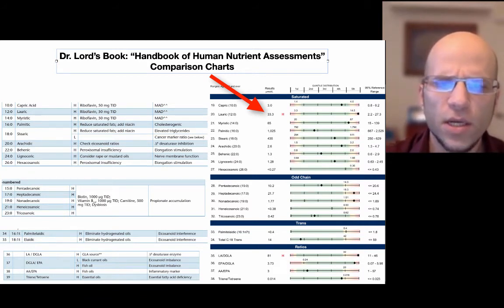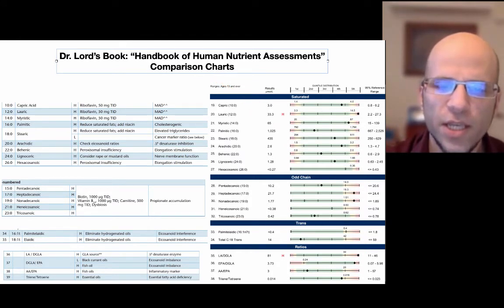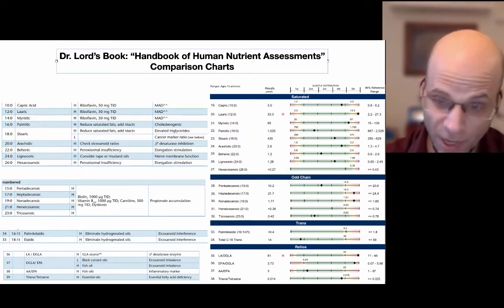Then there's the minus sign, I'm going to come back to it in a second. That's the next slide. These other markers, you can check the indications based on the chart here. The odd chain fatty acids, if they're high, it's biotin, B12, and carnitine and dysbiosis. And that's about it.